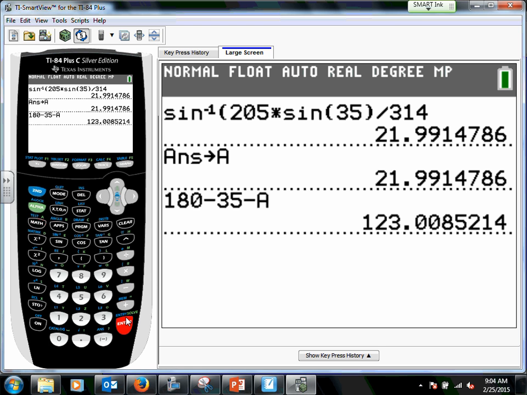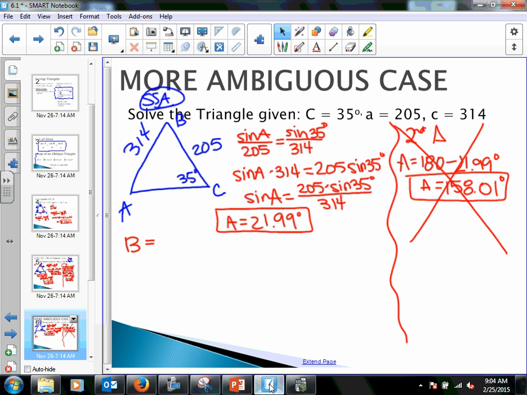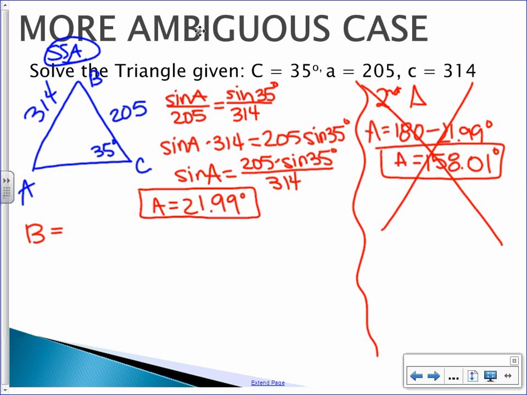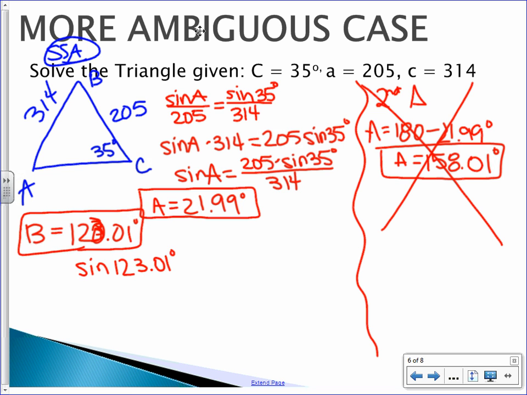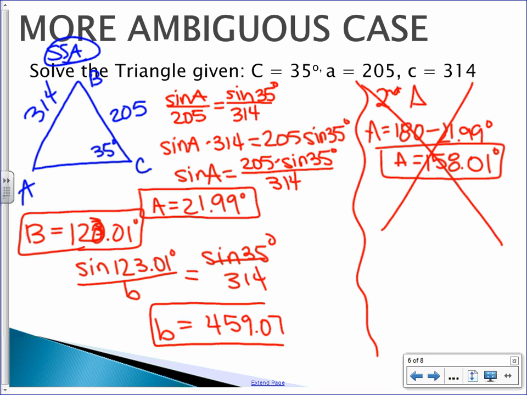And there's our new angle, which was what? 123.01. Okay. And then to find side B, we can take the sine of 123.01 over side B equals, what pieces of information do I want you to use? C. The sine of 35 degrees over 314. So side B, I'll just do the calculation for you, is 459.07.